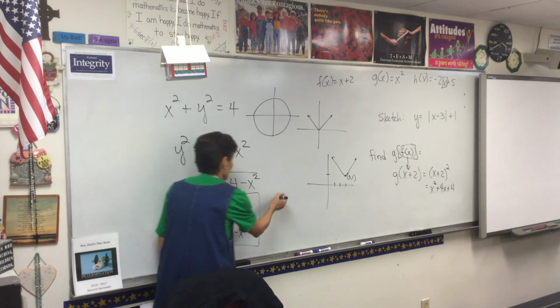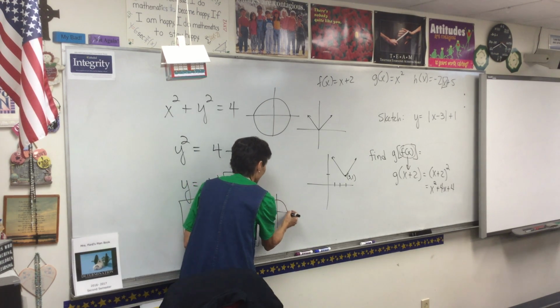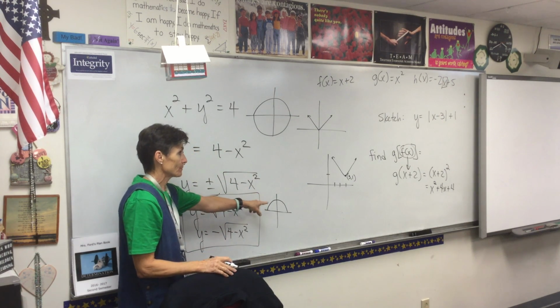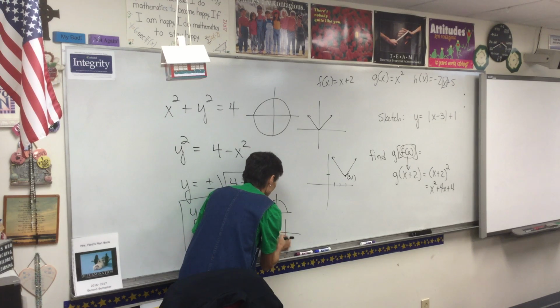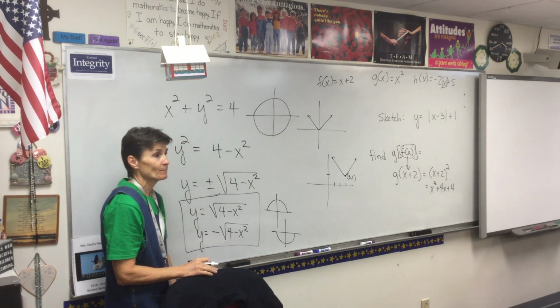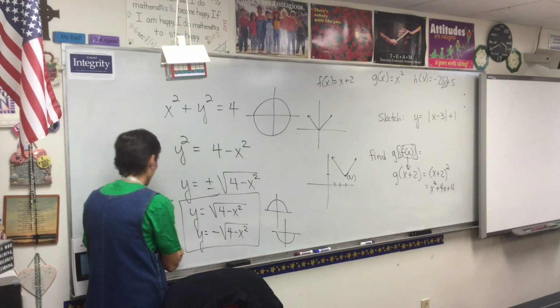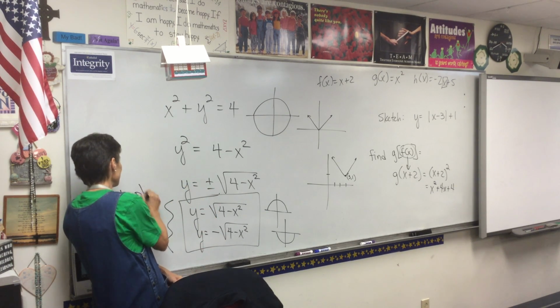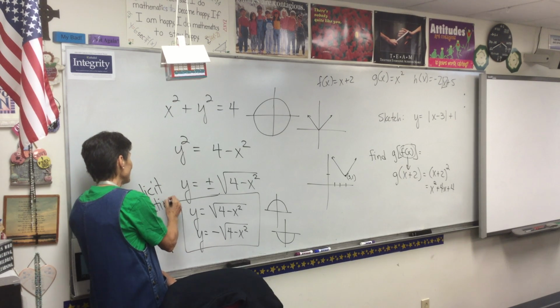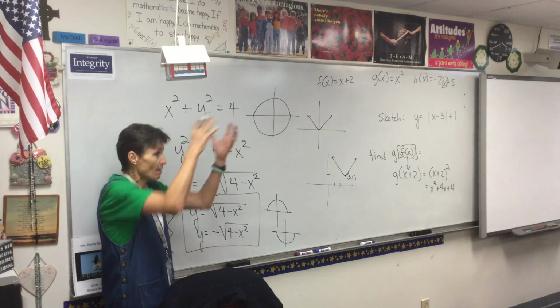Now, if you look at just the top half, is that a function? Is the top half a function? If we look at just the bottom half, is it a function? Yes. That's why the two halves are called the implicit functions. They are the two little functions that make your graph.